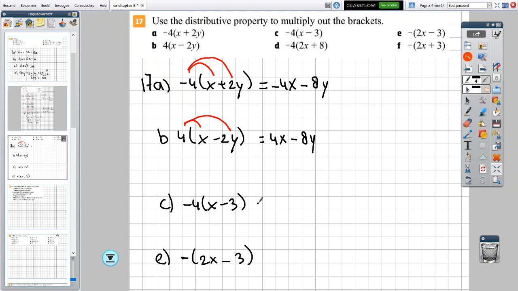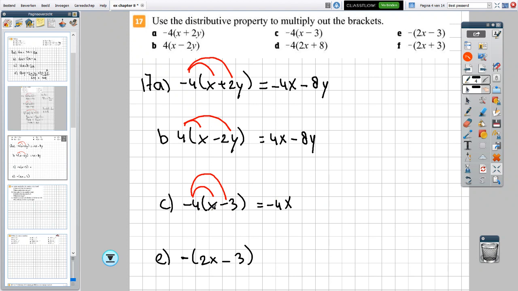What if both are negative? -4 times inside of brackets x minus 3. Still you have those curves, still the same multiplication. You do -4 times x gives me -4x, and you do -4 times -3.